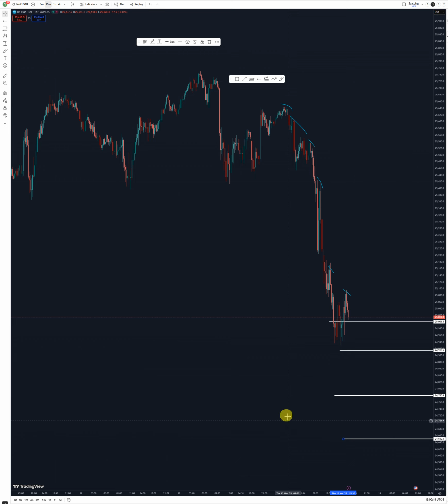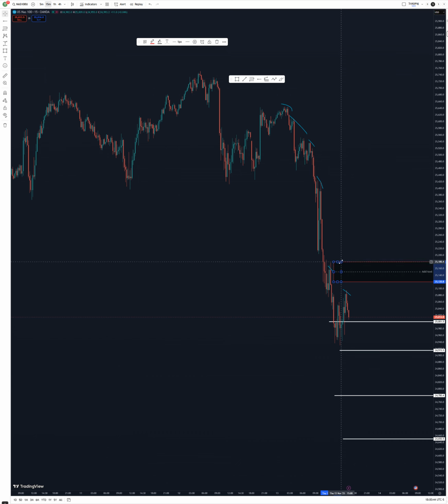My favorite setup here for a short would be a pullback into the 25,120 to 25,180 zone. So if we look at the zone here, you're looking at the 25,120 range, right there, to 25,180, right in there.